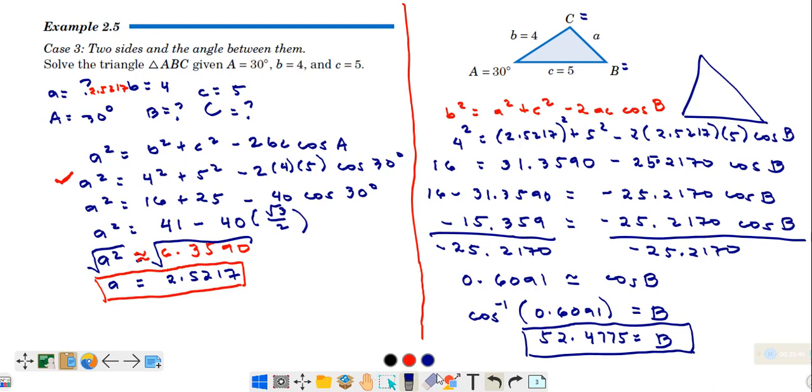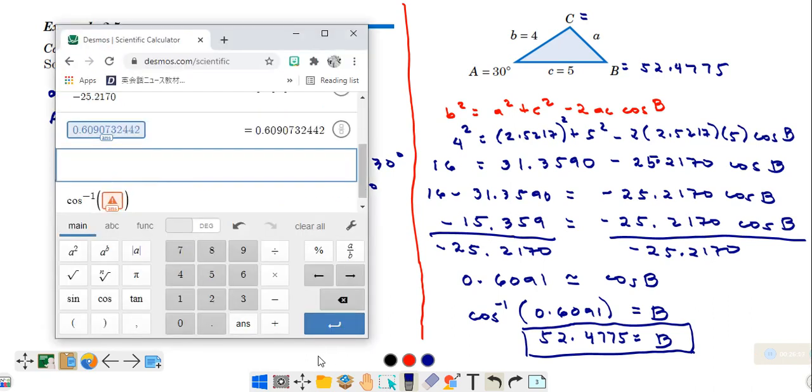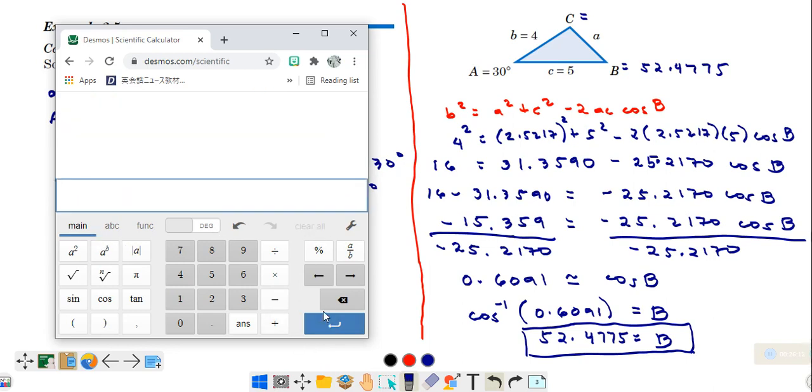So, if you have here B, which is equal to 52.4775, kunin mo na lang yung sum ng 30 at saka ng 52.4775, isubtract mo from 180, you will end up with C. So, 180 minus 30 minus 52.4775.